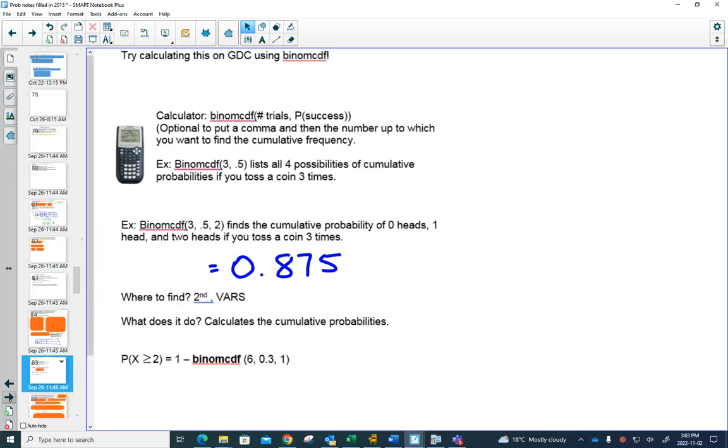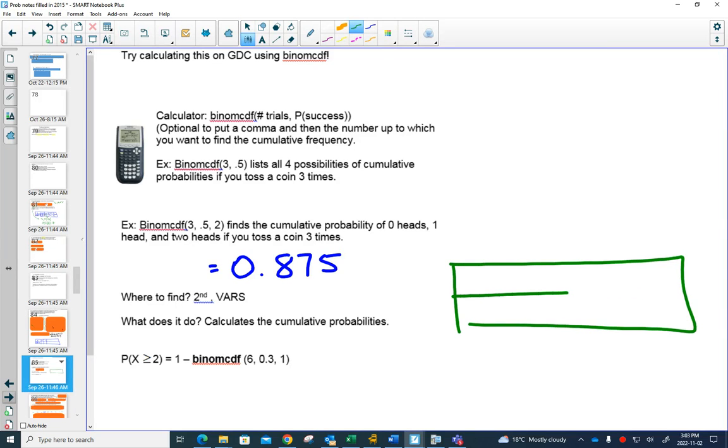And it's very helpful whenever you want to find probabilities greater than or equal to something. And again, this is how I would think about it. Let's say I toss a coin 8 times. You would start at 0 and go all the way up to 8.